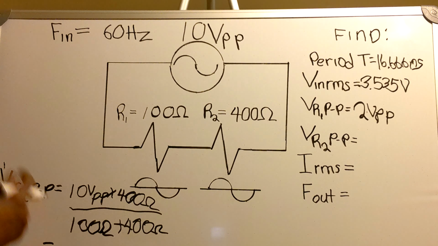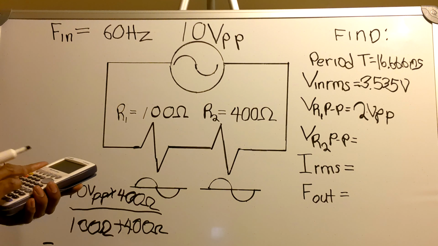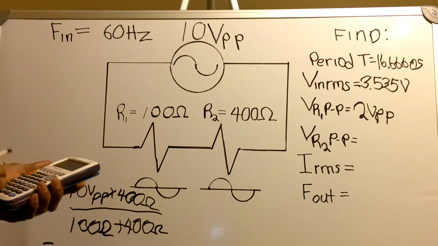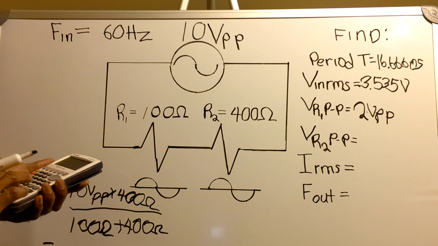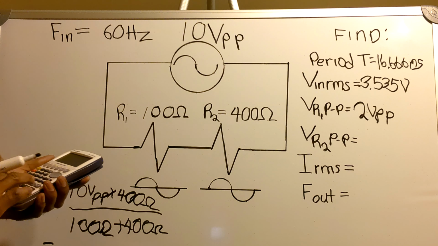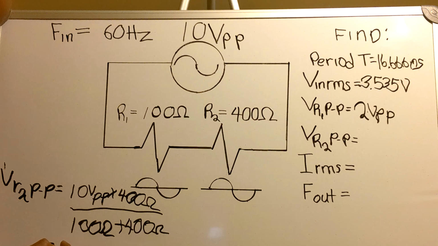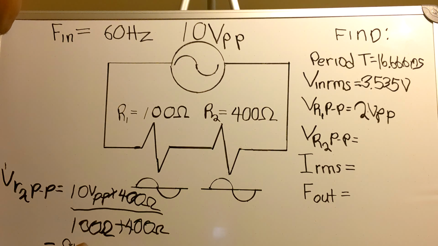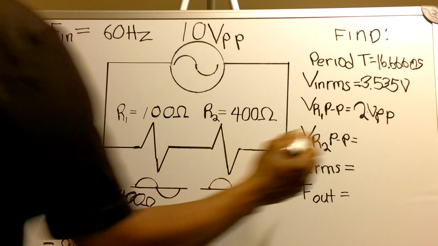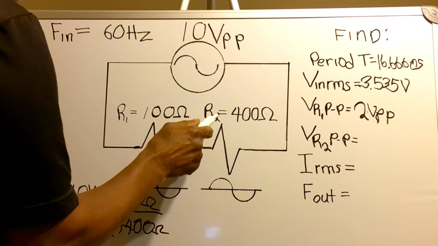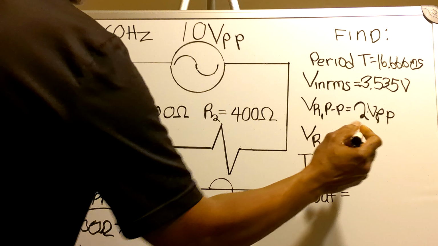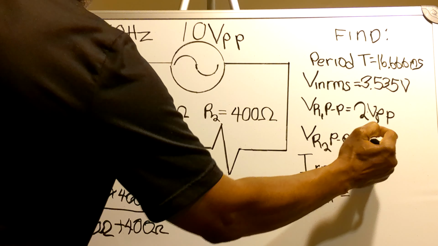That equals 10 volts times 400 divided by 100 plus 400. That equals 8 volts peak to peak. The voltage across the R2 resistor, the peak to peak voltage, is 8 volts peak to peak.